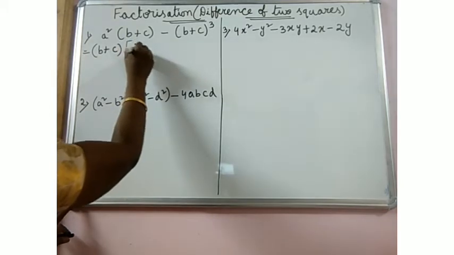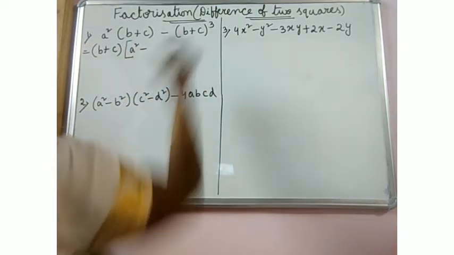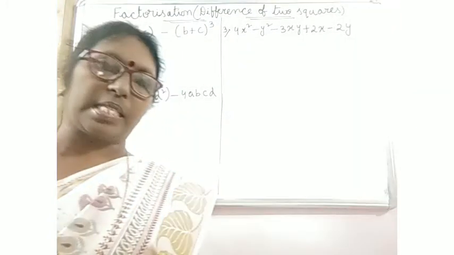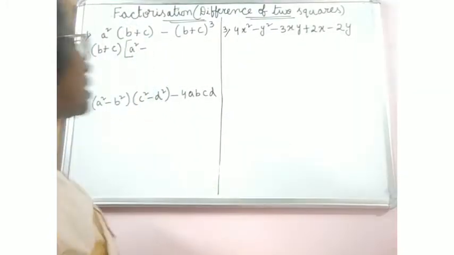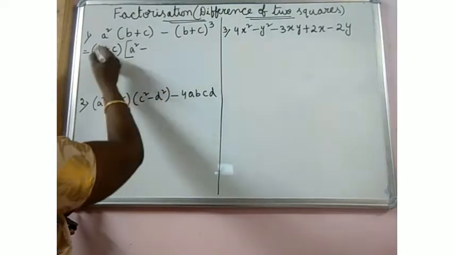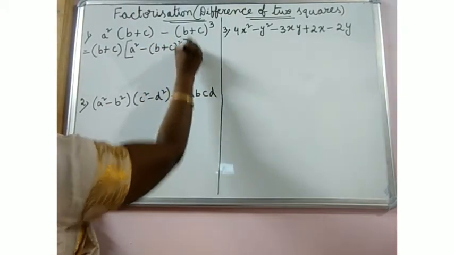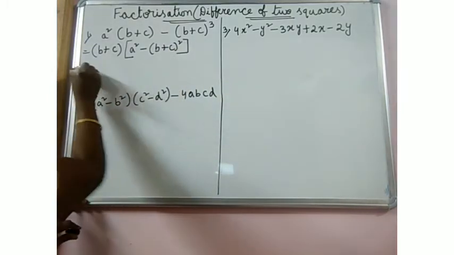A square minus here (b plus c) whole cube means (b plus c) into (b plus c) into (b plus c), or (b plus c) into (b plus c) whole square. So b plus c, when we take common, (b plus c) whole square will be left out. I hope this is clear to you.